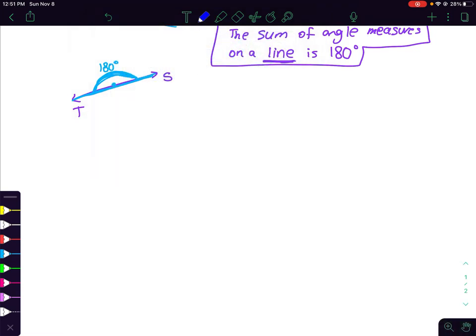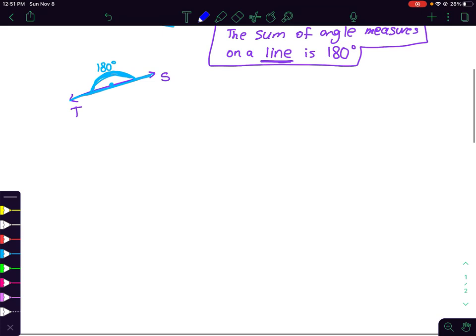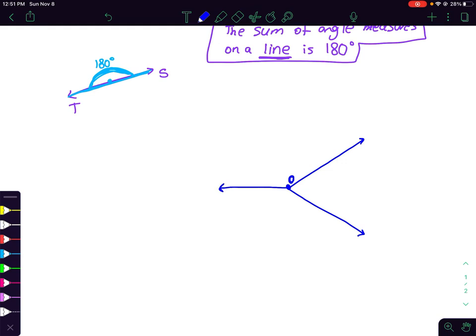Sum of angle measures at a point. As we can see on page 90, we have a point O. We have one line going this way, one line going this way, another line this way. Okay?